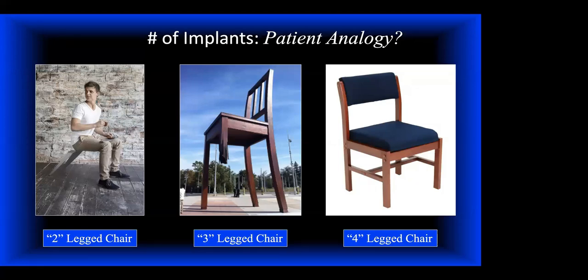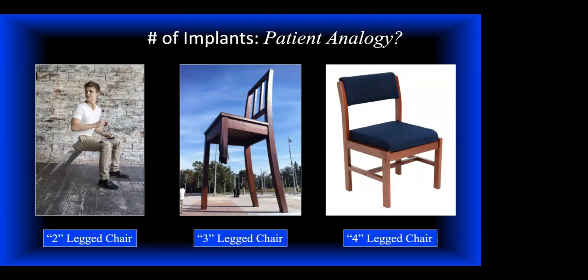A 3 implants is like a 3-legged chair. So it's going to be stable. However, if the patient just bites down in that one position, it might move a little bit. And then they come back and say, okay, I thought I had implants, and why is my prosthesis moving? A 4-legged chair is more like a fixed prosthesis. It's 4 or 5 implants where it's not really going to move because the AP spread's large enough.